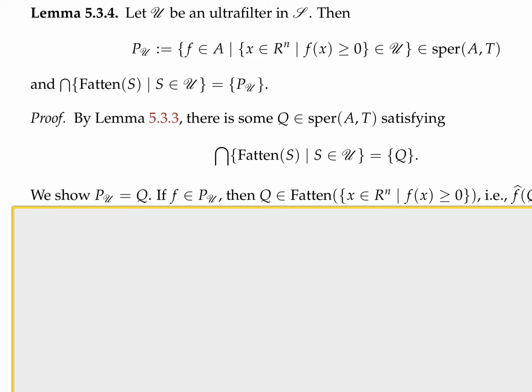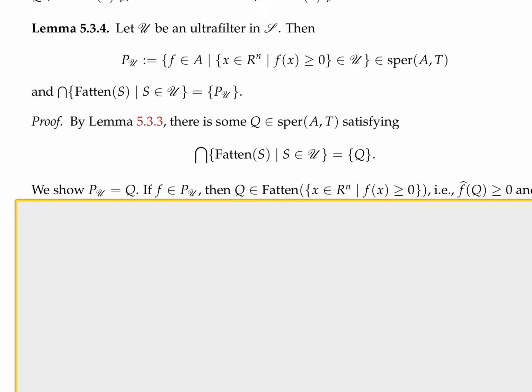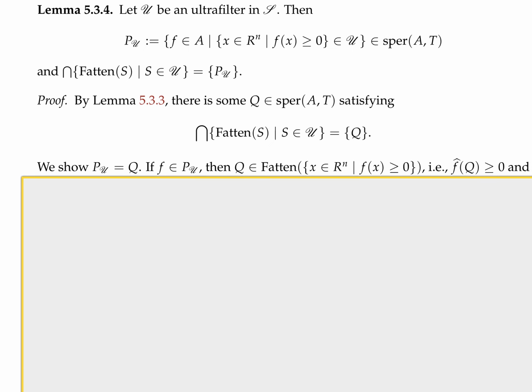And of course it's a semialgebraic subset, and then I can fatten it, and by this thing here, I know that Q is an element of it, right? Because this fattening contributes to this intersection. So Q is in this fattening. So now by the definition of fattening, what is the fattening of this?